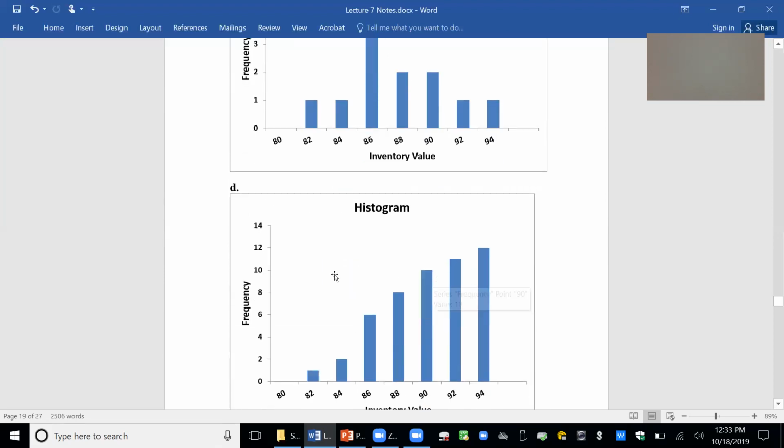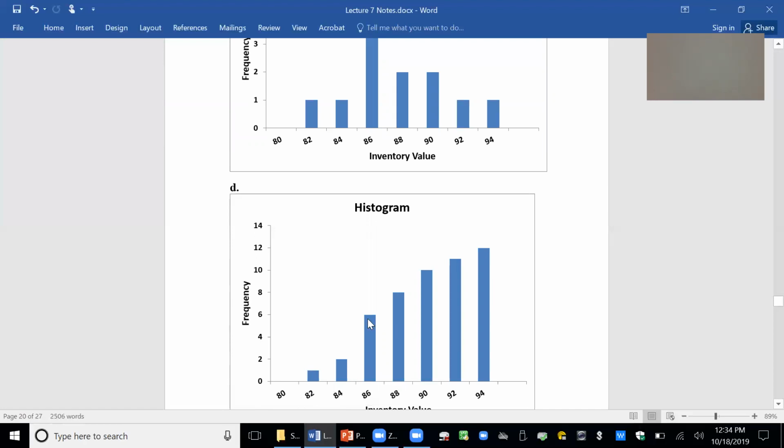If we look at the cumulative, there is one that is greater than or equal to 80 but less than 82. There are 2 that are greater than or equal to 80 but less than 84.